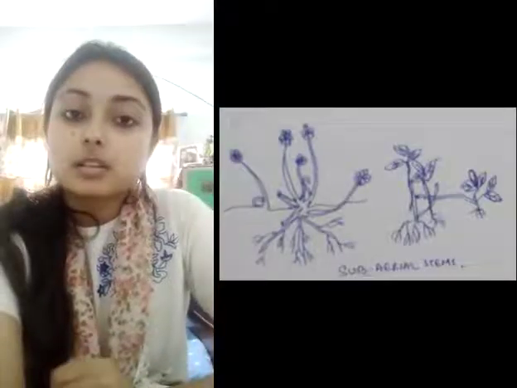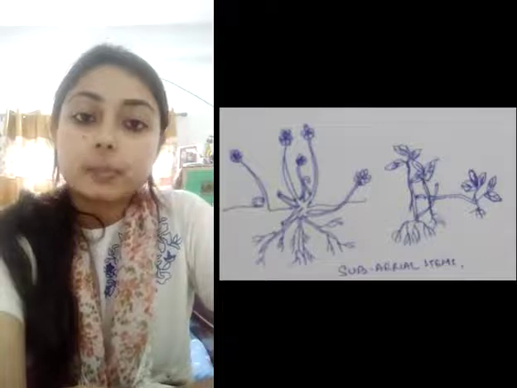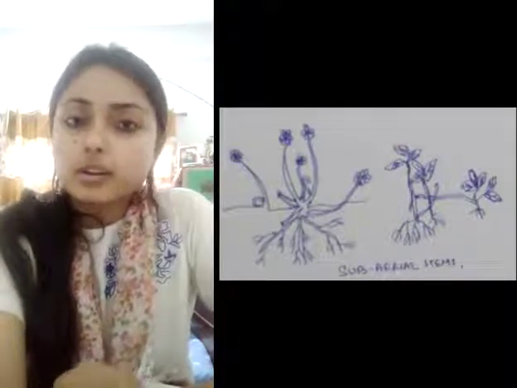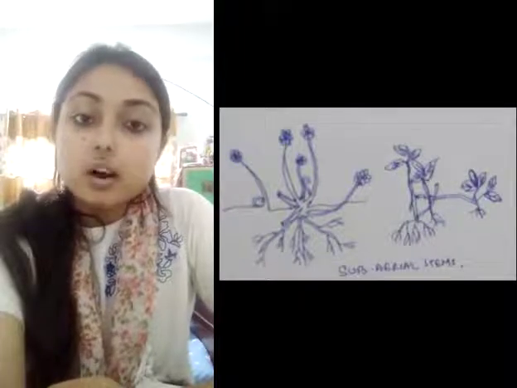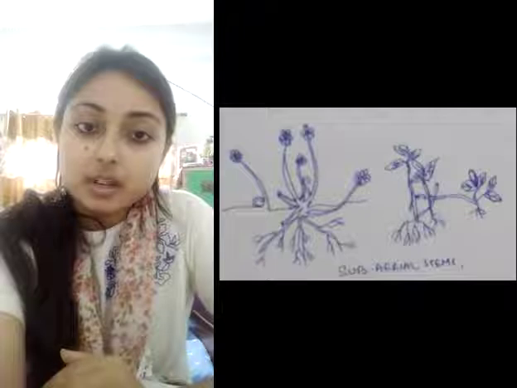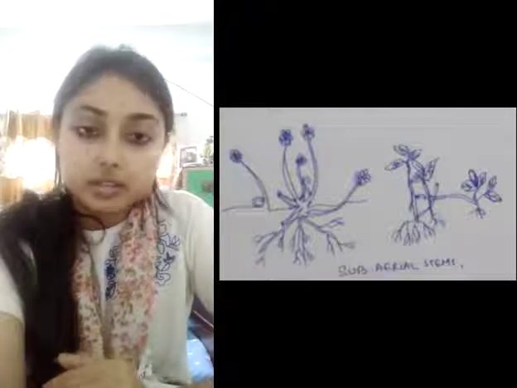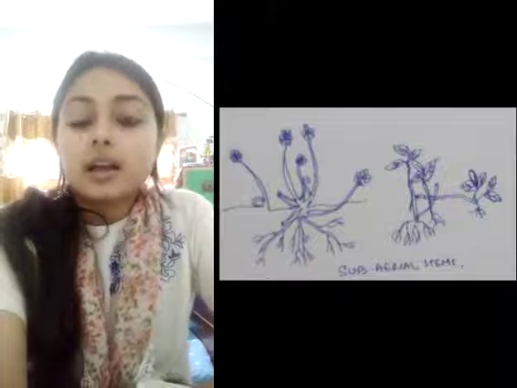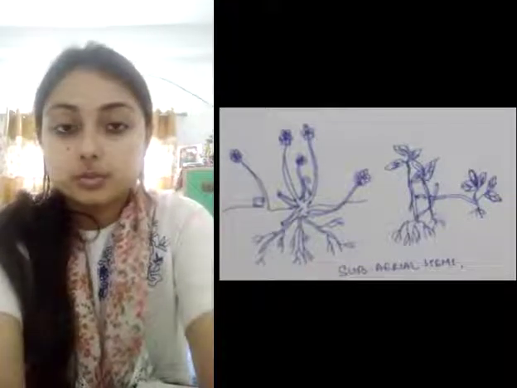Next comes the subaerial stem, which includes runners. What are runners? Runners are horizontal stems which grow parallel to the ground and they almost touch it. See, it is clear from the name. They are subaerial and they have long internodes.